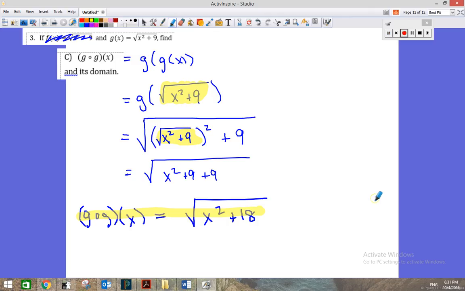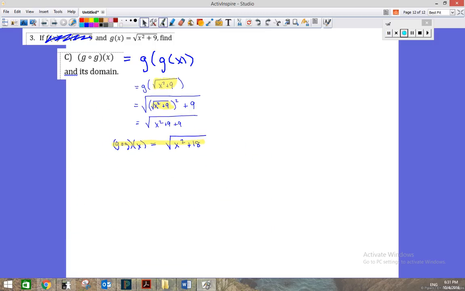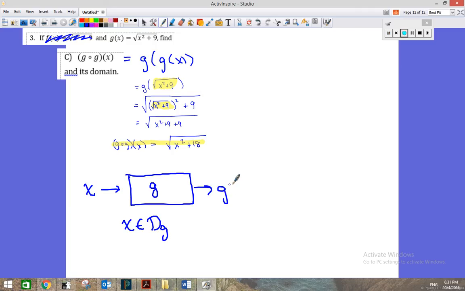Now we'd like to find the domain of this function composition. Two things always have to be true when you're finding the domain of a composition. The input has to be in the domain of the first function. x has to be an element of the domain of g. What comes out is g of x. That now becomes the input. Hey, guess what? Into g.